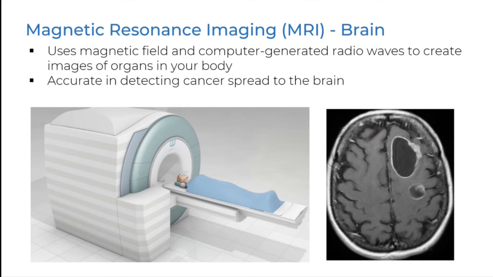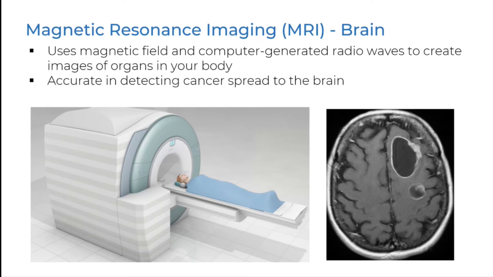Another type of imaging test, which is very commonly used, is called an MRI, or magnetic resonance imaging. This is done on the brain, primarily to detect if the cancer has spread to the brain. Lung cancer, among a few other types of cancers, is among the top 5 cancers with an increased tendency to spread to the brain.